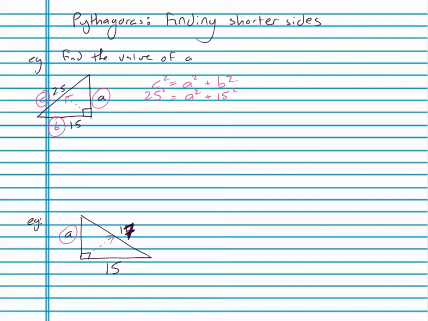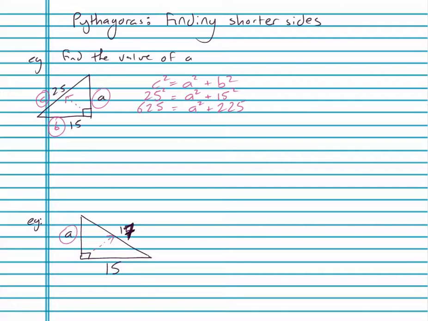What we need to do then, we've substituted our values. We evaluate. 25 squared, grab your calculator if you need to. 625, we still don't know a squared, plus 15 squared, 15 times 15, 225.